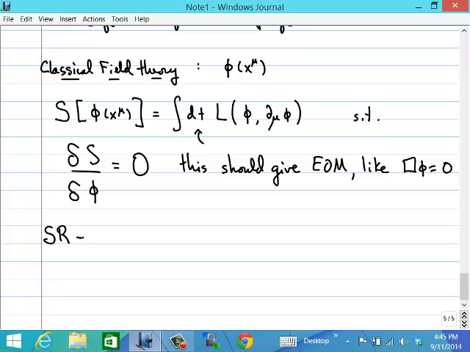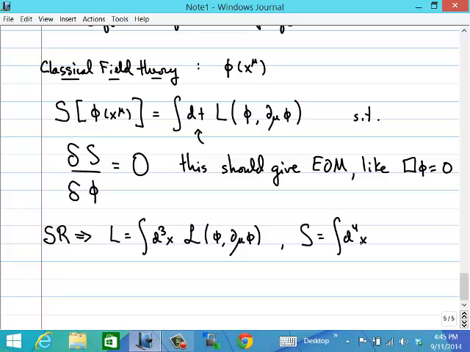So immediately we see, just by the principles of special relativity, that space and time are treated equally, so this Lagrangian should be the integral of some other function that we'll call the Lagrangian density. That'll be a function of phi and its first derivative, so that the action is not just a t integral, but an integral d^4x. That is to say, an integral over dt as well as over space of this Lagrangian density.